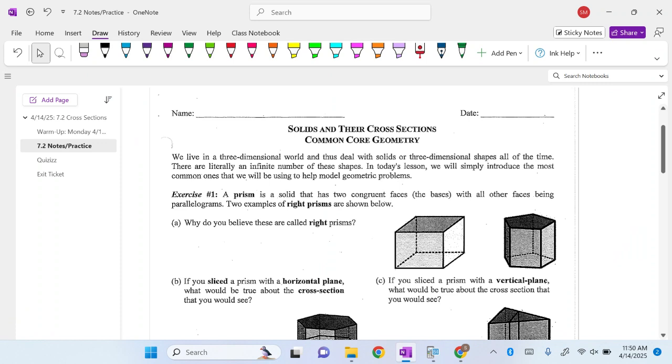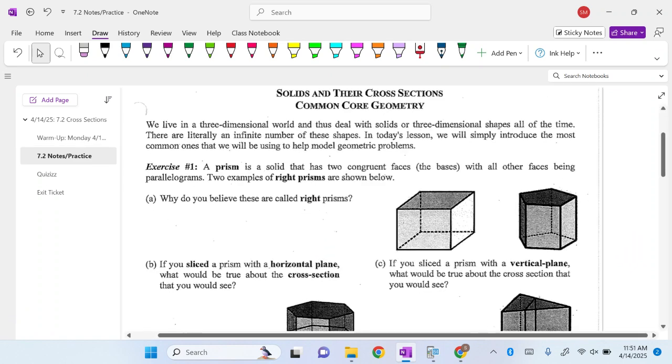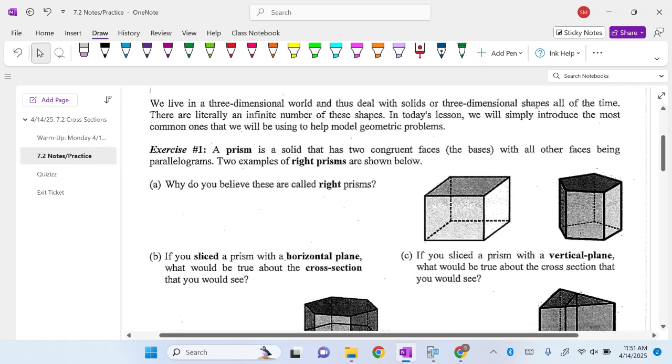So we live in a 3-dimensional world and thus deal with solids or 3-dimensional shapes all the time. And there are literally an infinite number of these shapes. But we'll be looking at the most common ones that will help us model geometric problems. So reading it again.